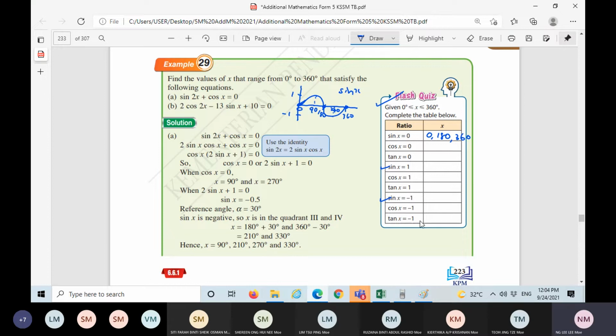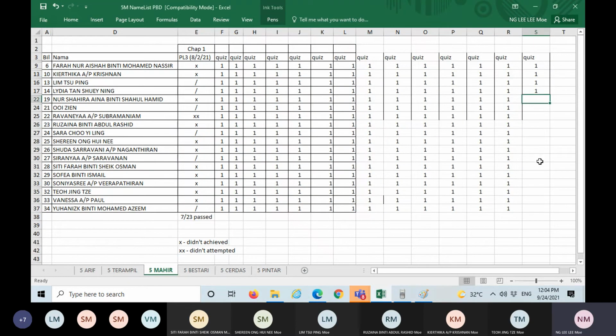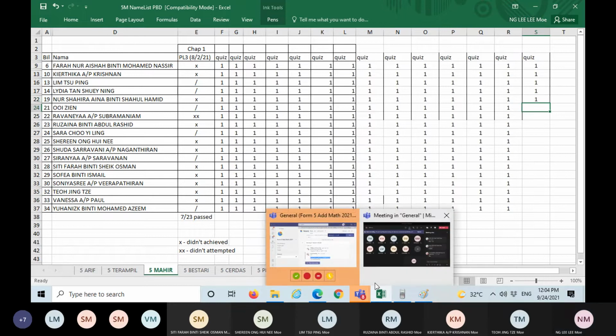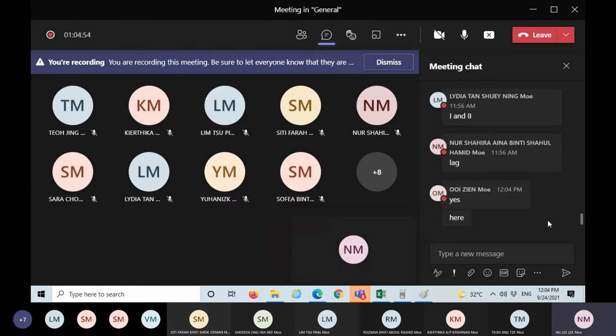This one you can press the calculator actually, because there is only one value. I think so. You can get the value by pressing the calculator. I'm not sure. Lydia has an answer. Shahira has an answer. Is Megan here already? Okay, come.